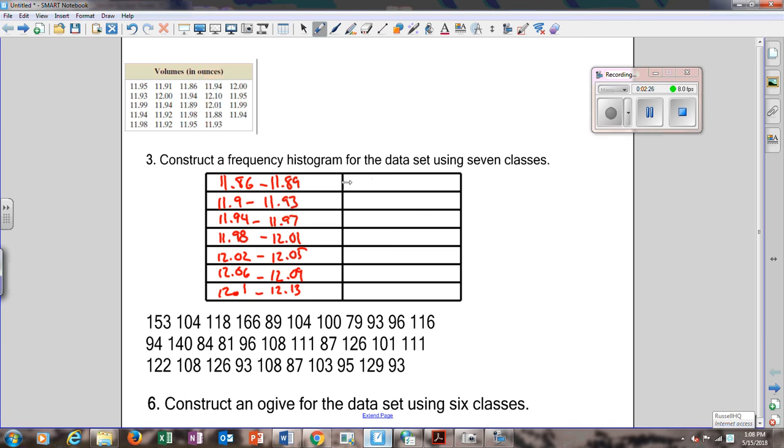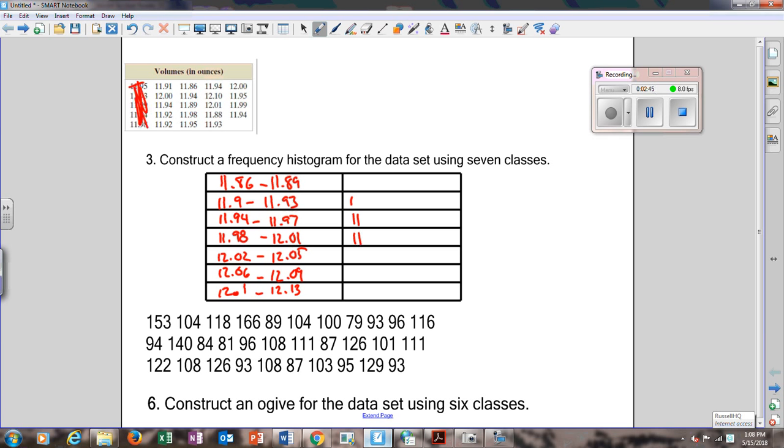So to find the frequency, I'm actually just going to do it the easy way. 11.95, 93, 99, 94, 98.